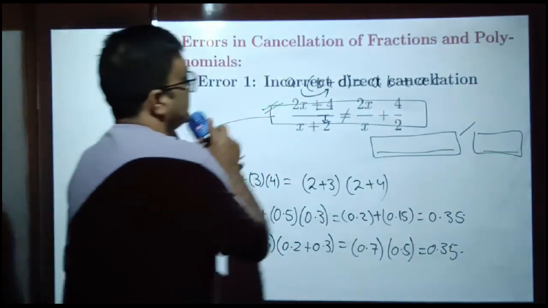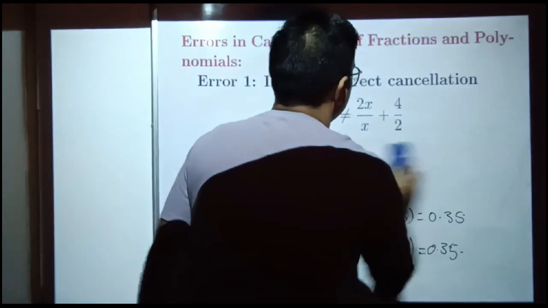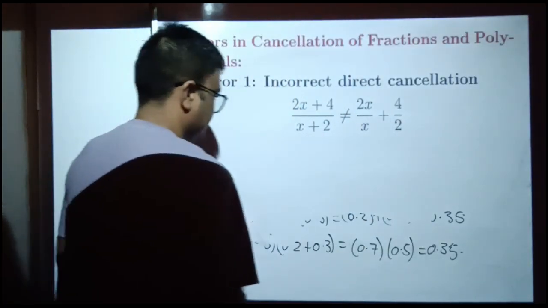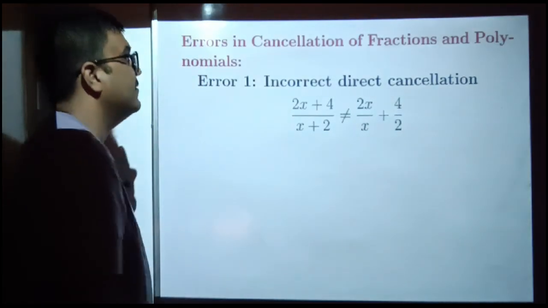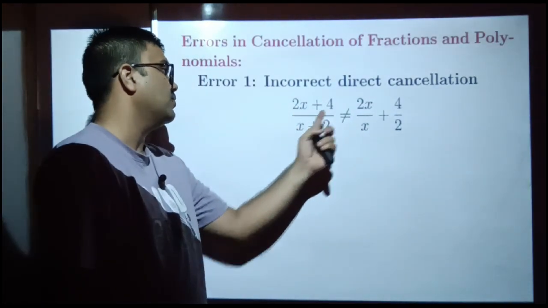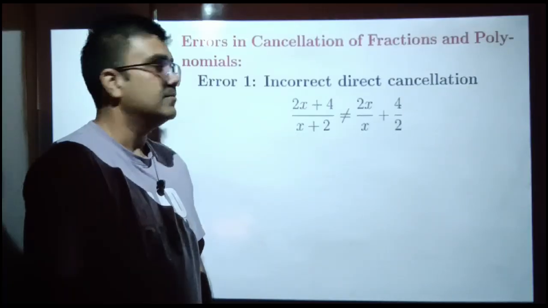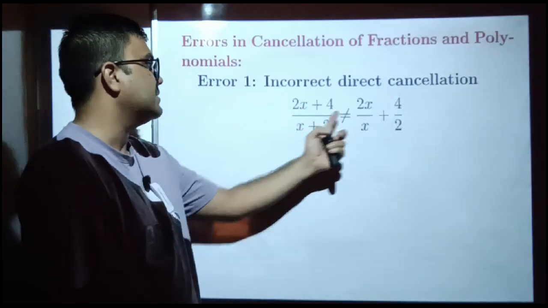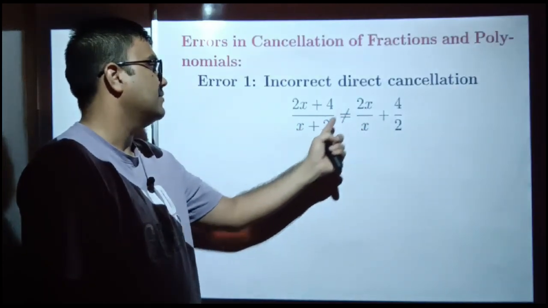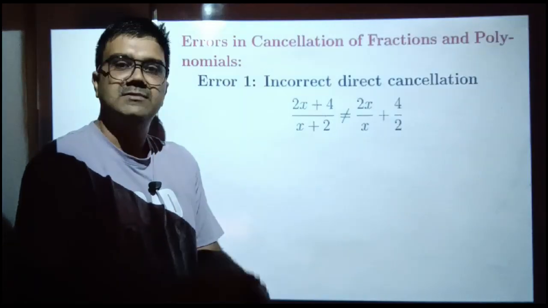Next is errors in cancelling terms. Suppose we have an expression like this: 2x plus 4 over x plus 2. What students do is write 2x over x plus 4 over 2. This is incorrect.